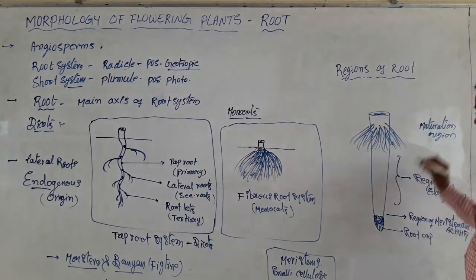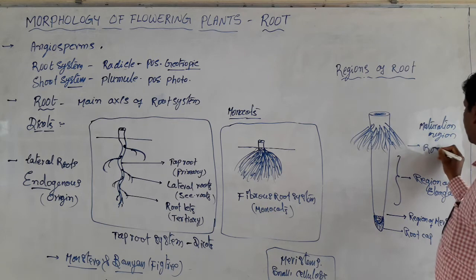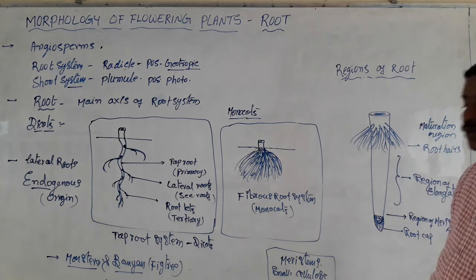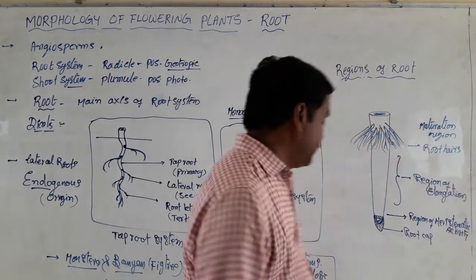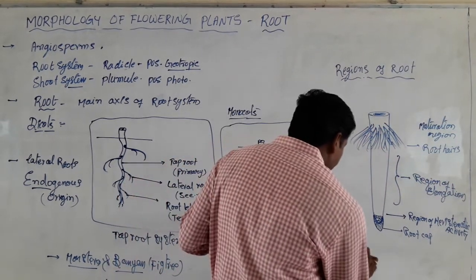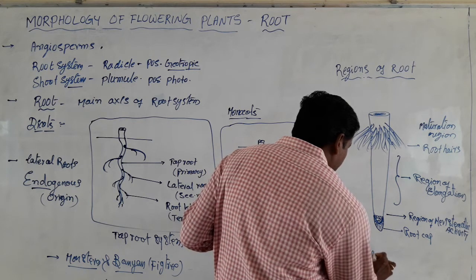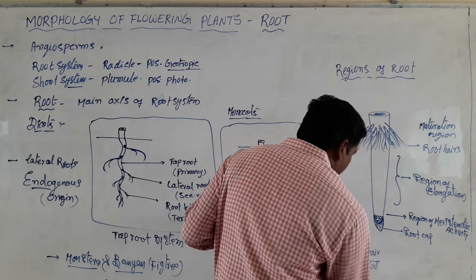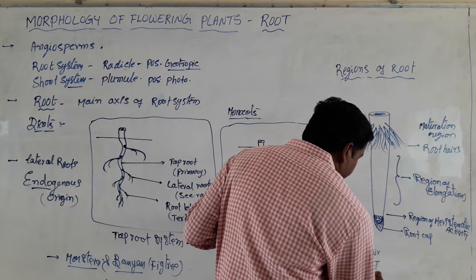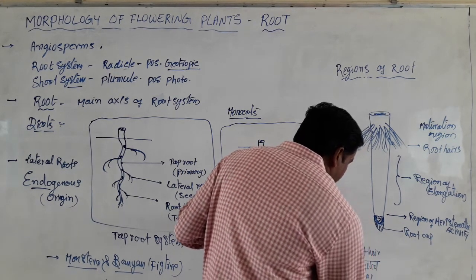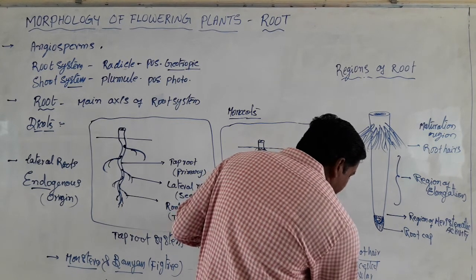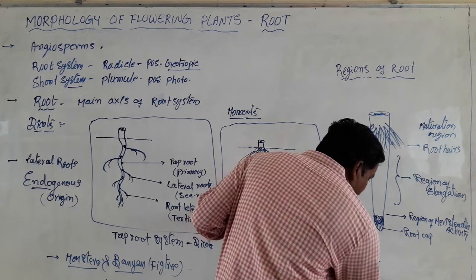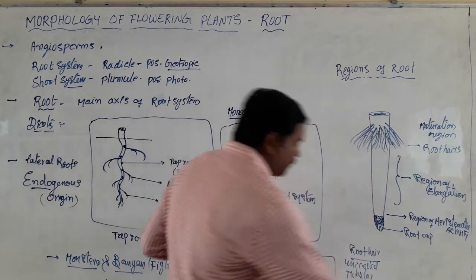These unicellular tubular extensions are called root hairs. Root hairs are unicellular, very important. A root hair is unicellular, tubular, and exogenous in origin. Exogenous origin, very important.